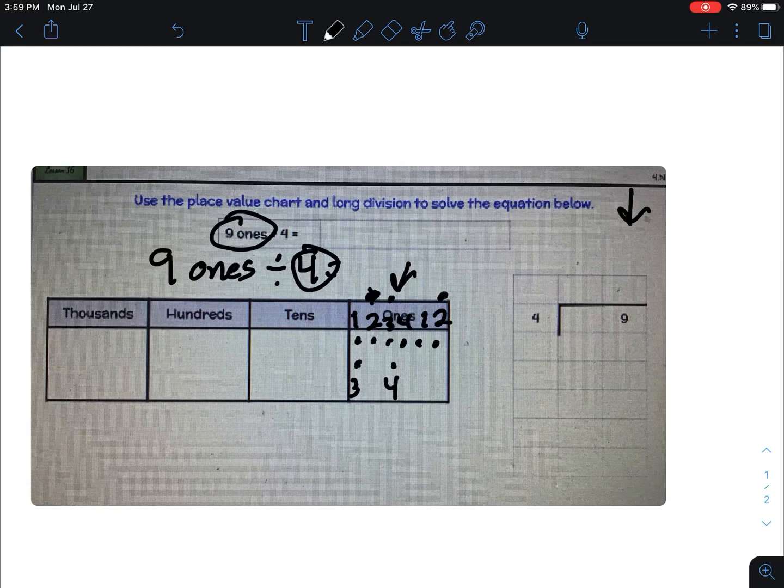And if you notice, there's 2 2s, there's 2 3s, there's 2 4s, and there's 2 1s, plus the extra one we had, right? Because there's 9. So the answer is, what's the equal number of discs in each group? Well, that was 2. Plus we had 1 extra. So that's our remainder. So 9 divided by 4 is 2 with a remainder of 1.